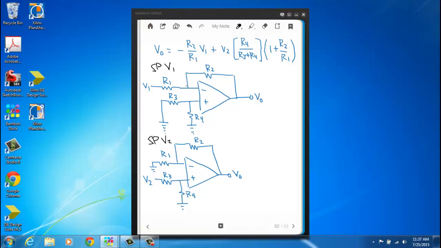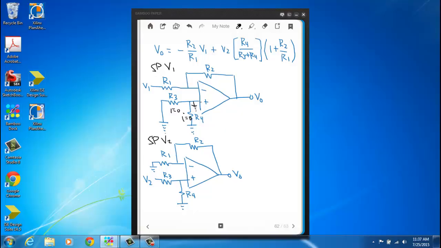So if you look here, when we get rid of V2 and we replace it with a short, we'll now attach the non-inverting input to just resistors that go to ground. So there isn't any current flowing through these resistors, right? Because there's no source in this part of the circuit. And when you have 0 current through a resistor, voltage is the same on both sides, since the voltage across the resistor is 0. So you just have ground right here on the non-inverting input.